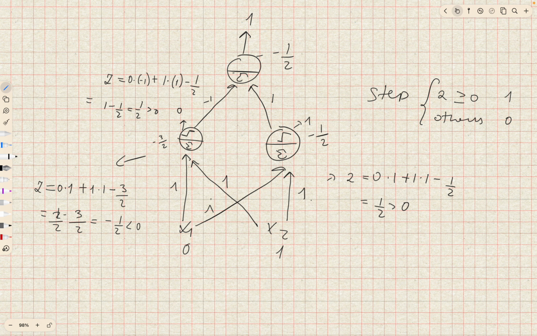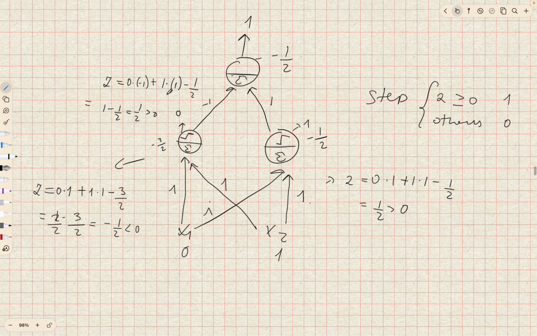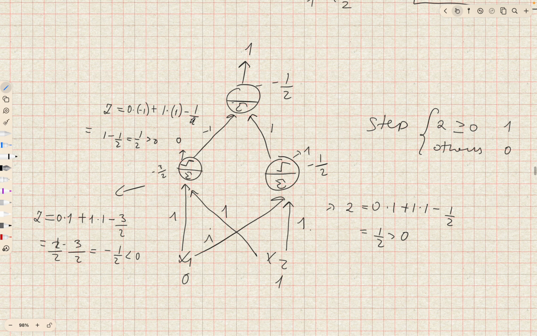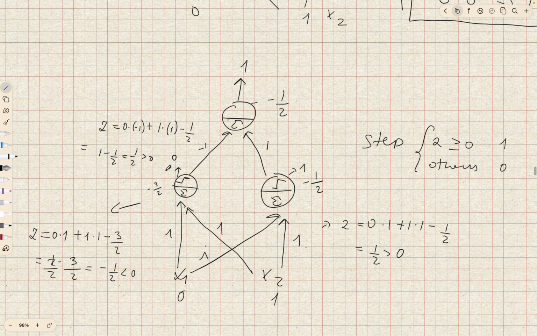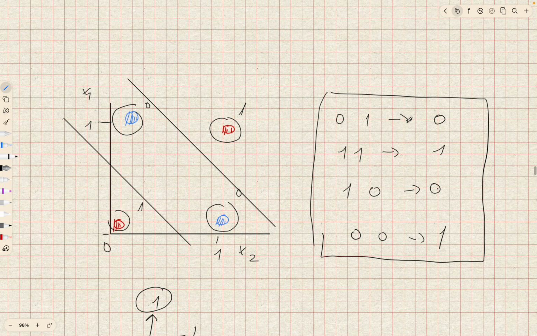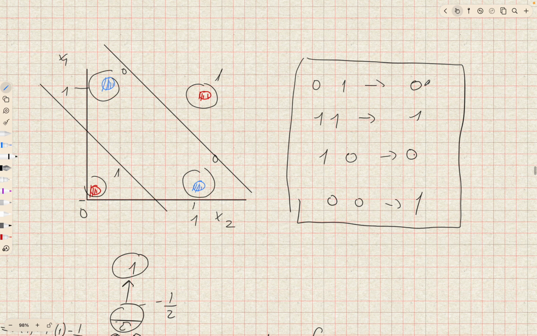The output neuron receives the outputs of the first two neurons as its input. So it computes 0 minus 1 plus 1, which is 1 over 2, which is greater than 0. Yes, this is correct. It should output 1. So 0, 1 should actually be 1. My mistake was here.